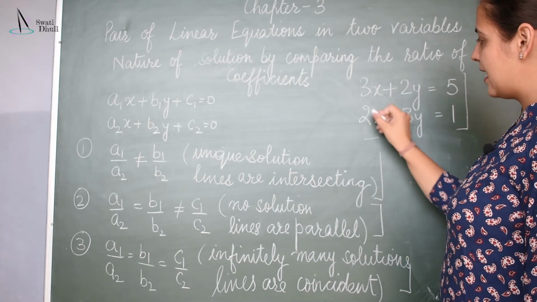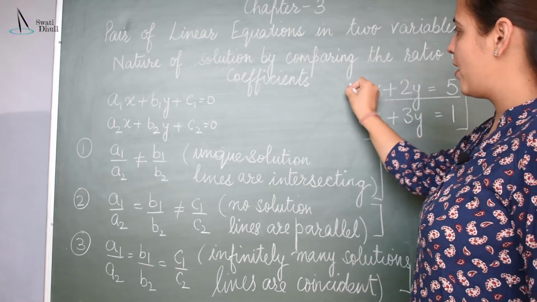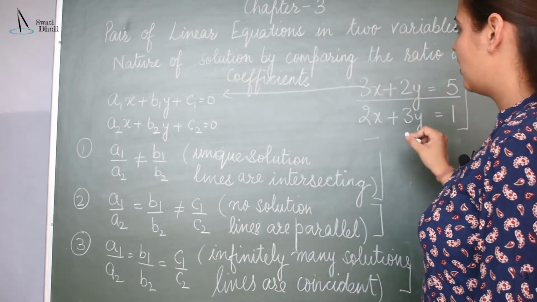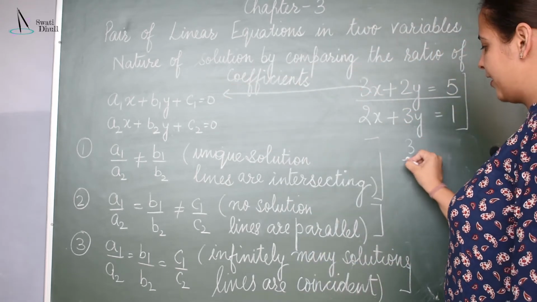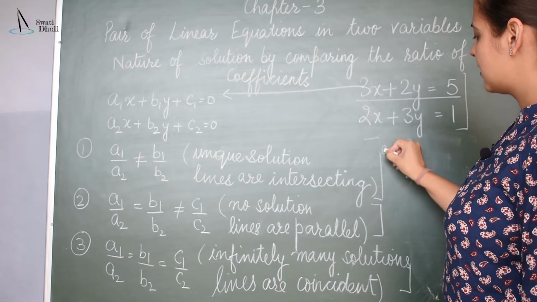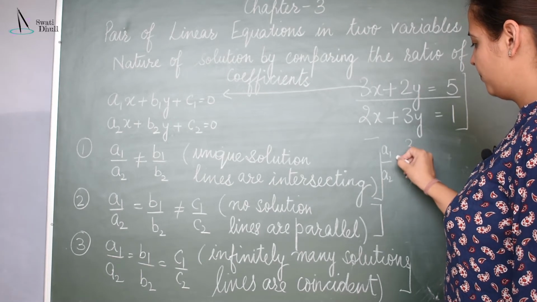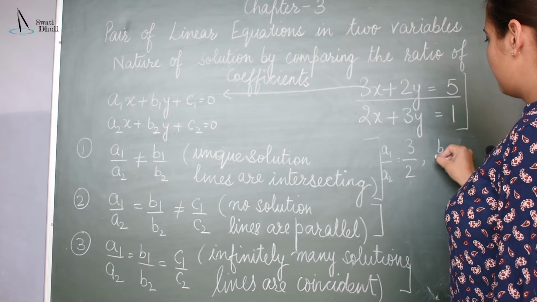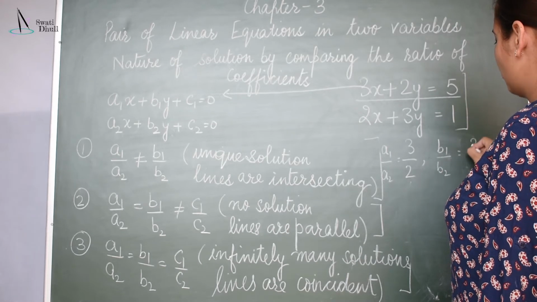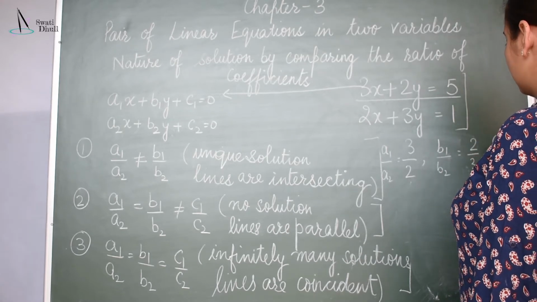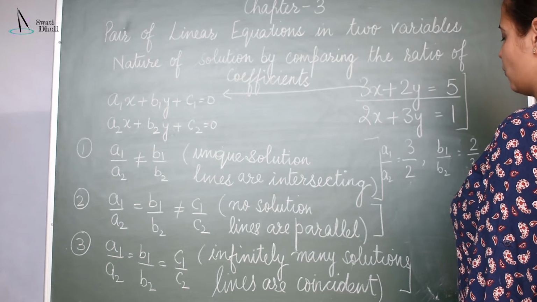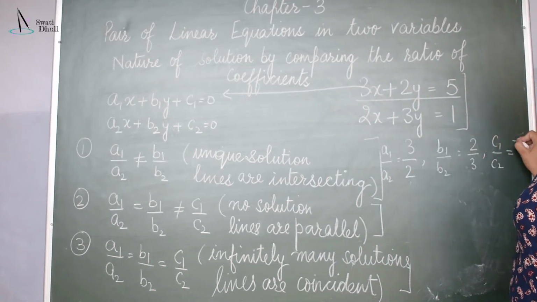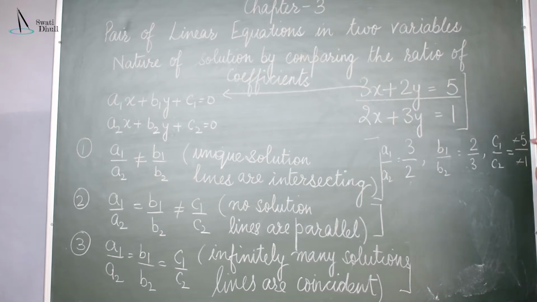So if I compare this equation with the general form, a1 by a2 is 3 by 2. Then b1 by b2 is equal to 2 by 3. And c1 by c2 is equal to minus 5 by minus 1. So minus minus will be cancelled, you will get 5 by 1.